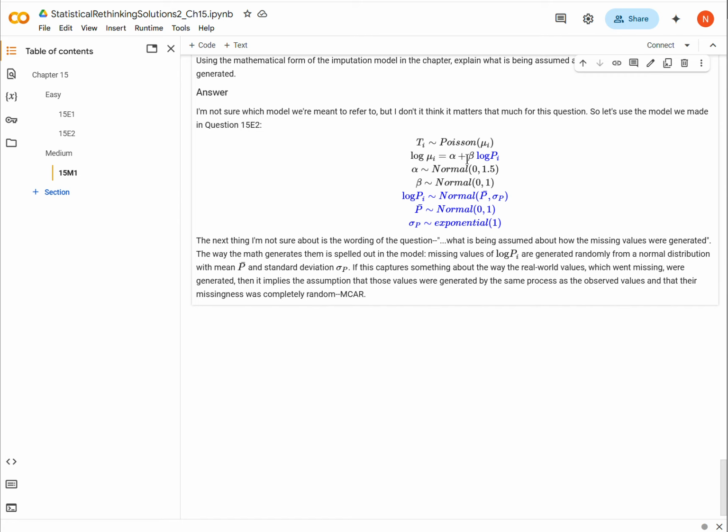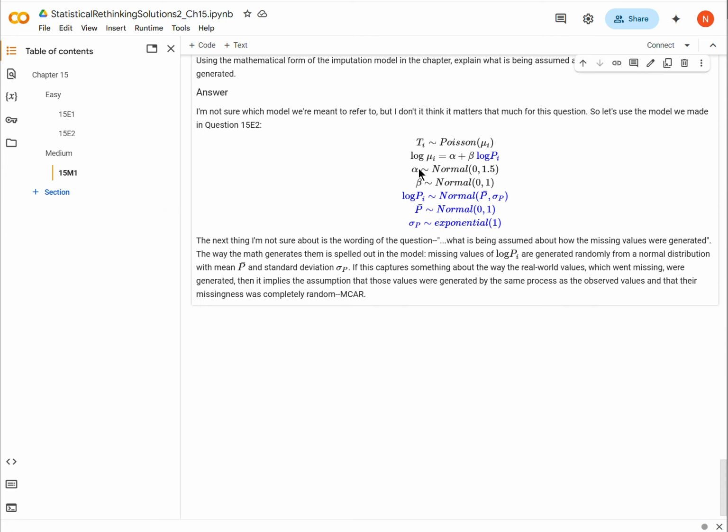If we're talking about the math, the way that the math is generating the values that happen to be missing is just spelled out here. It says that values of log p are being generated from a normal distribution with mean p bar and standard deviation sigma sub p.